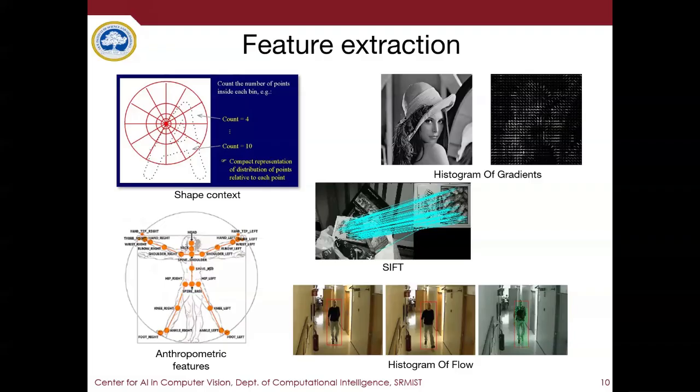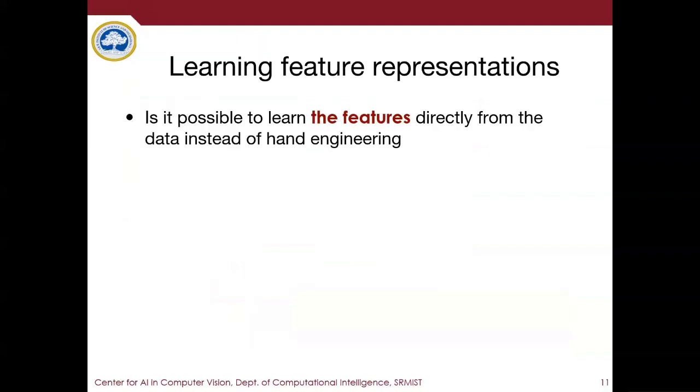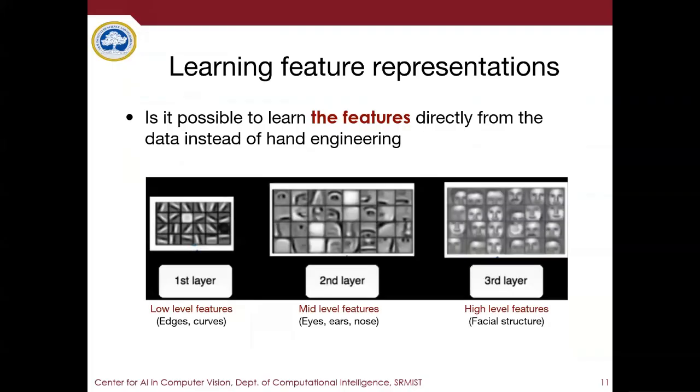Is there a way? Yes, there are convolutional neural networks, and also RNN and LSTM. These are neural network based approaches, deep learning based approaches. Is it possible to learn the features directly from the data instead of hand engineering? Yes, this is the solution. We use deep learning approaches where we have neural networks.